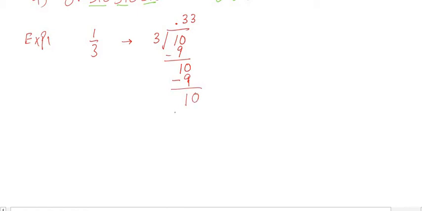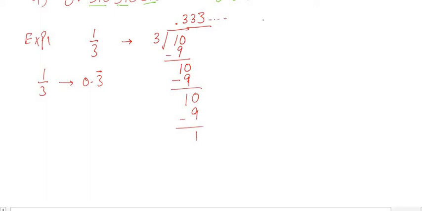Again we multiply by 3, so it becomes 9, and 10 minus 9 gives you 1. So again it's repeating, till infinite time. So the fraction can be changed into the recurring number 0.3, with the bar over the 3. That is the recurring number of 1 out of 3.